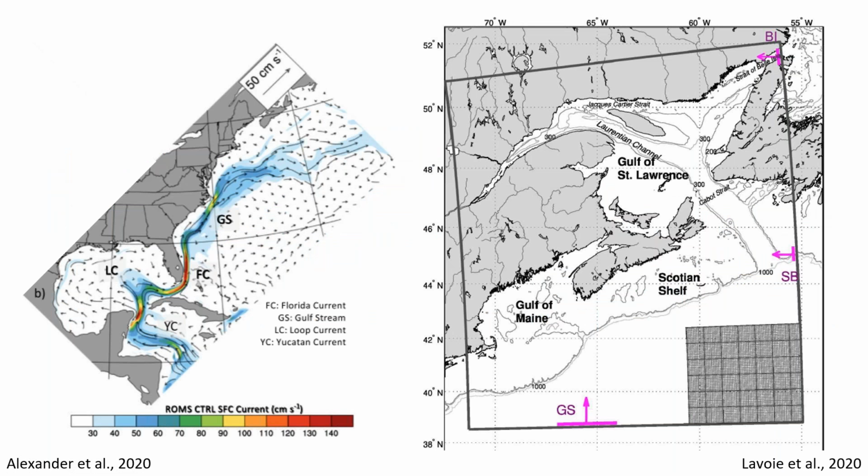And so, though that model has the benefit of dynamic biogeochemistry, it may not capture the circulation influences on carbon chemistry because its domain does not include the path of the Gulf Stream.